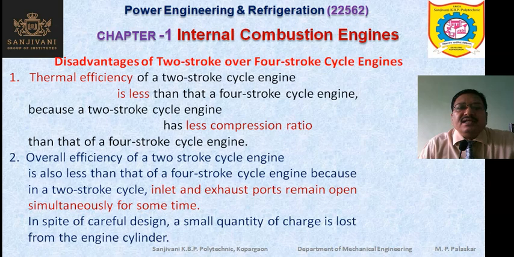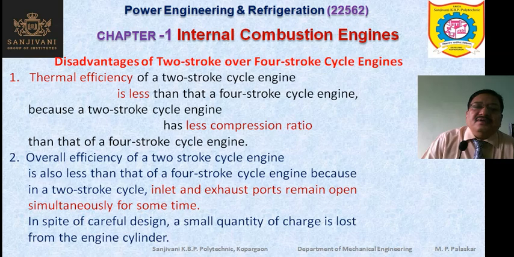Now we will study the disadvantages of the 2-stroke engine over the 4-stroke engine, or in other words, the advantages of the 4-stroke cycle engine over the 2-stroke cycle engine. If you look at the overall efficiency, the thermal efficiency of a 2-stroke cycle engine is definitely less than the 4-stroke cycle engine, because the compression ratio is less.